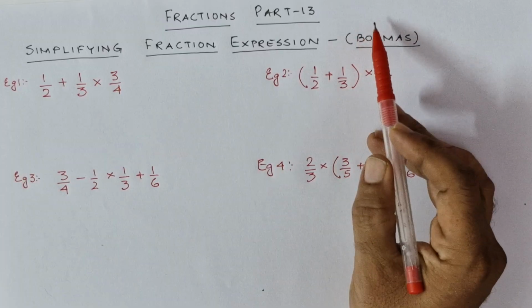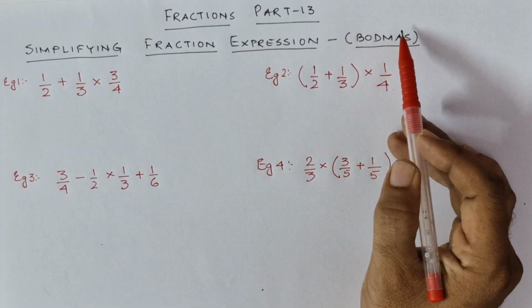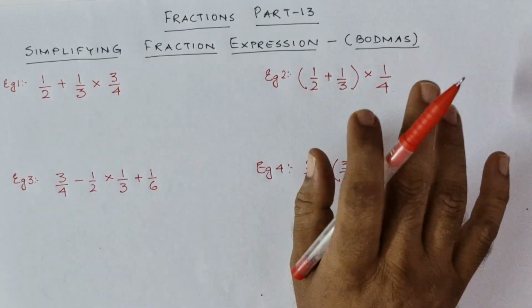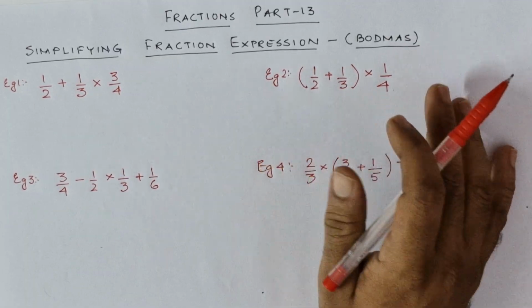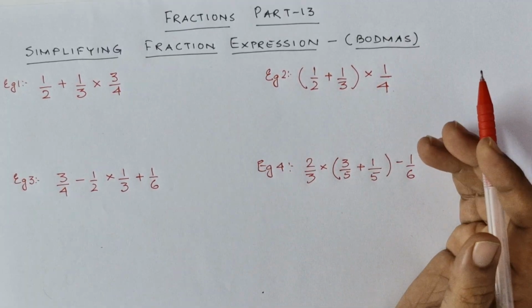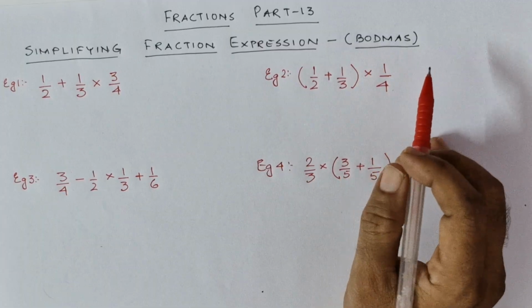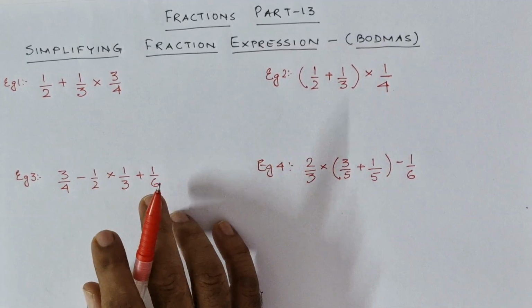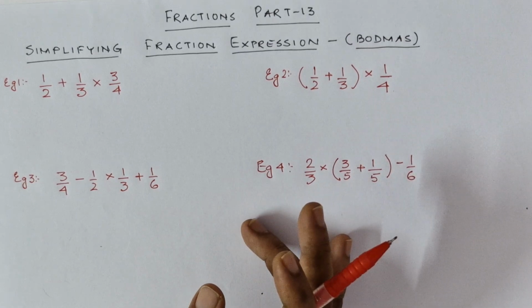So first of all, bracket, of, multiplication, addition and subtraction. If you haven't watched that video, I request you to watch that lecture on how to simplify expressions using BODMAS. But today we'll see how to simplify fraction expressions by using BODMAS.